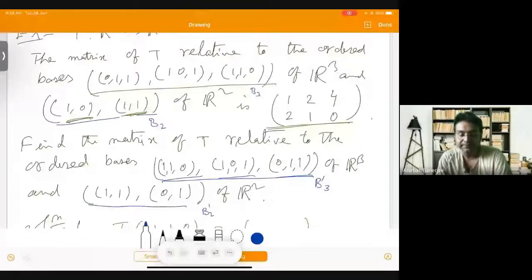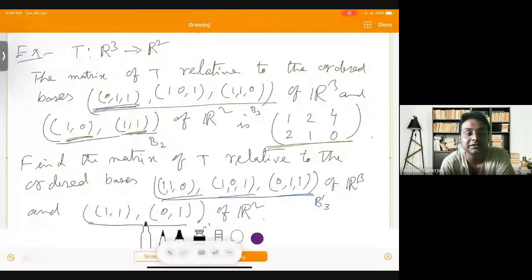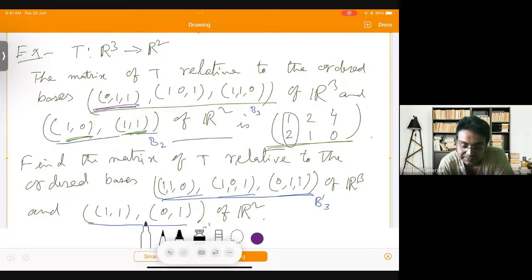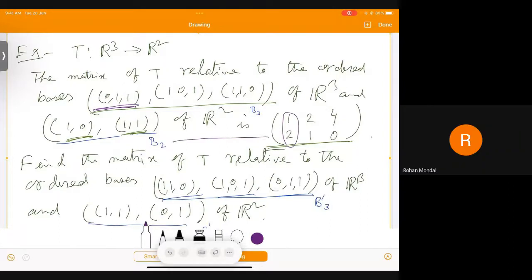And that's why here, the transformation of T, if you take the first vector, will be transformed into a vector whose coordinates are 1 and 2, but with respect to this basis B2.